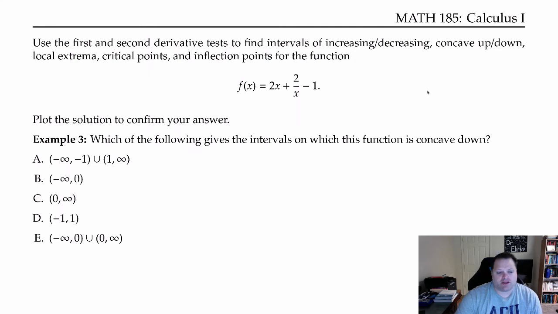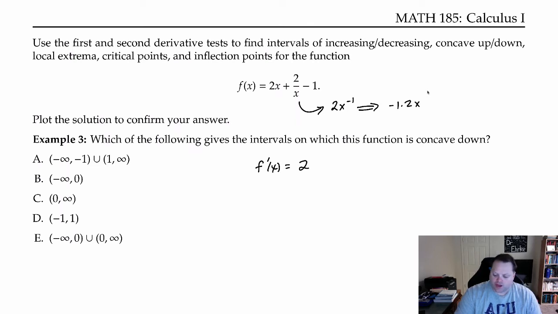All right, if you haven't paused yet, please do so. What we're going to do here is start by taking the first derivative. So the first derivative of this function is 2. And then the derivative of 2 over x, I'm really thinking of 2 over x as being 2x to the negative 1. So the derivative of that is negative 1 times 2x to the negative 2, or negative 2 over x squared.